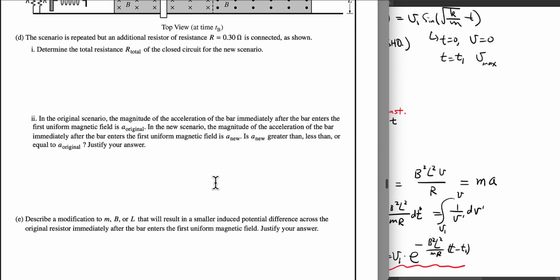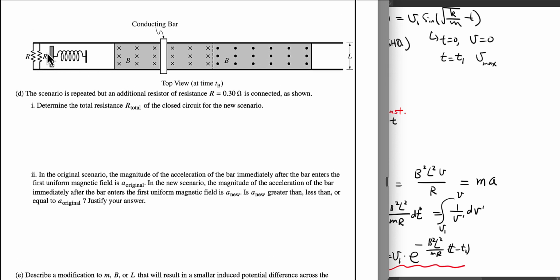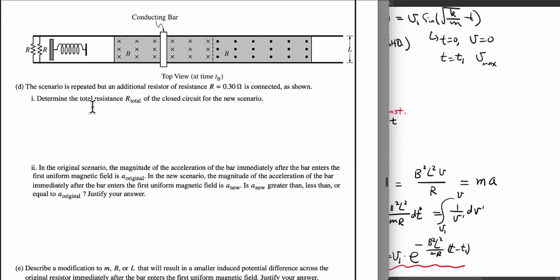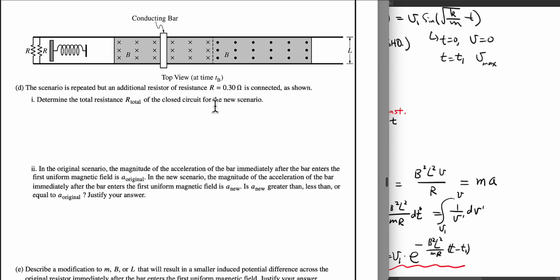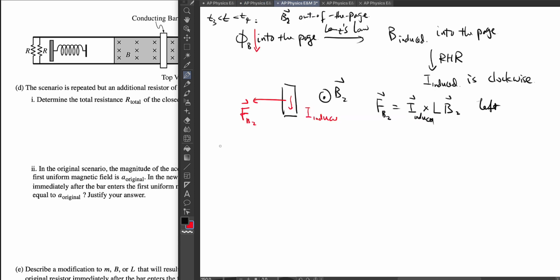Now question D, we're looking at the additional resistance here. Determine the total resistance R total of the closed circuit. That's an easy one because we have two parallel resistors. So R total is R over 2, right? It's half the R. So we have 0.15 ohm.